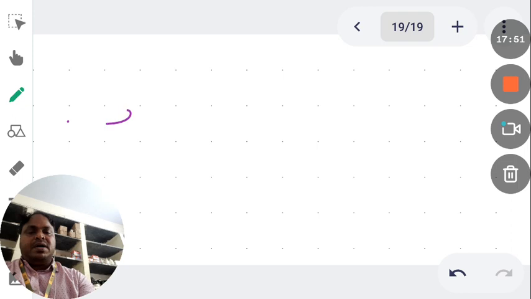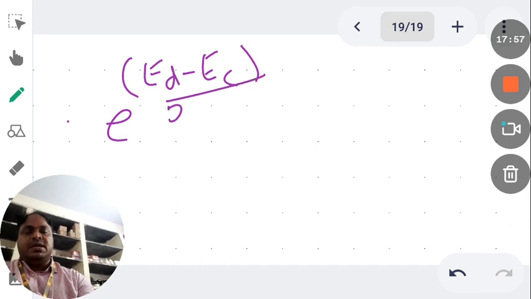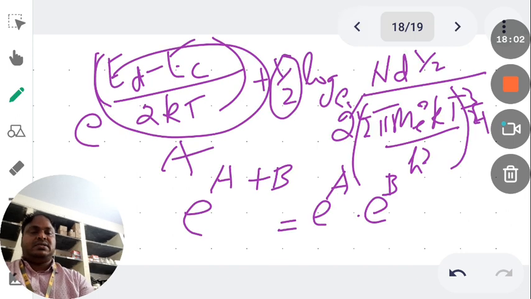So E power (ED minus EC) by 2 KT dot, since dot is here, E power B. E into log, exponential into log will get cancelled.